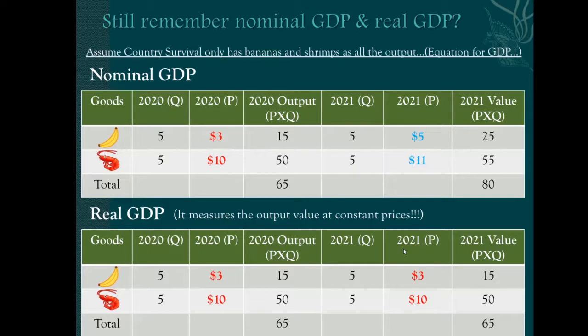But if we use some simple figures, the data that I give you here, then we will see exactly the same result when we are calculating inflation. So when we use nominal GDP and real GDP to find the inflation rate, this is what we can do.